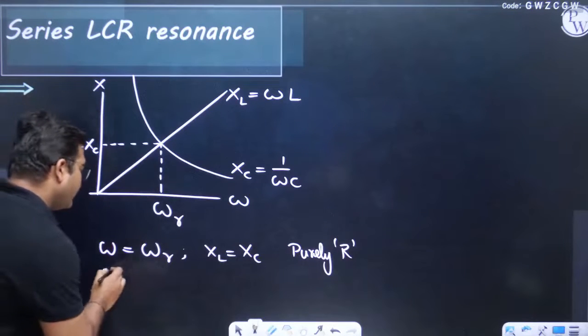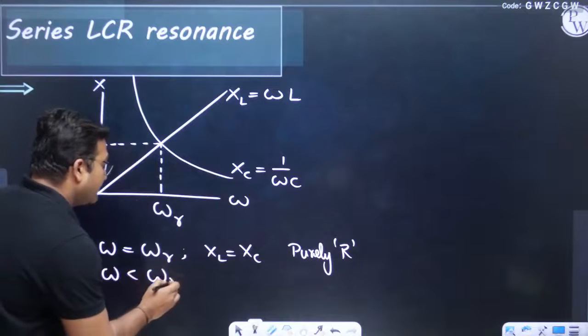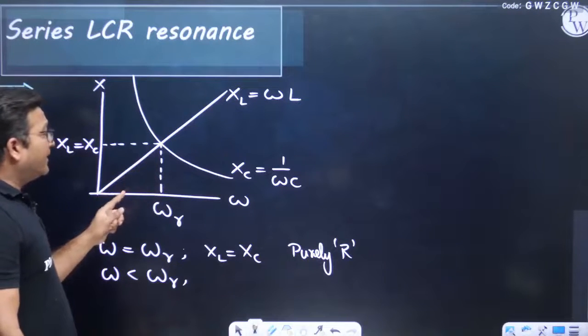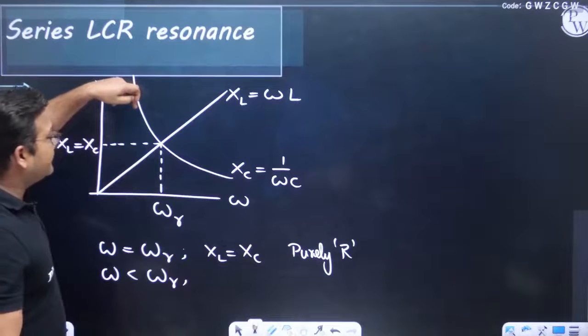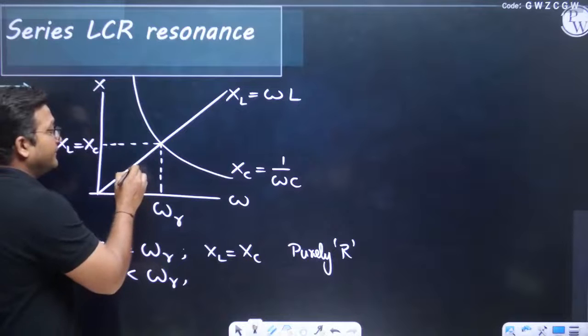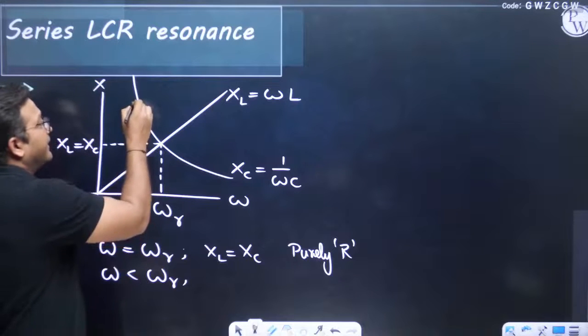Now what if we decrease omega? If omega is less than omega R, can you see from the diagram, XC is bigger than XL, because at this frequency XL is this, XC is this.